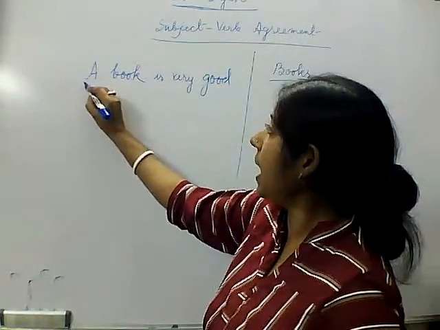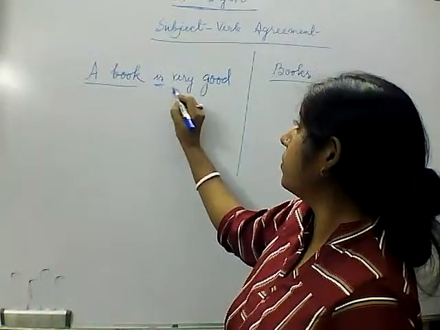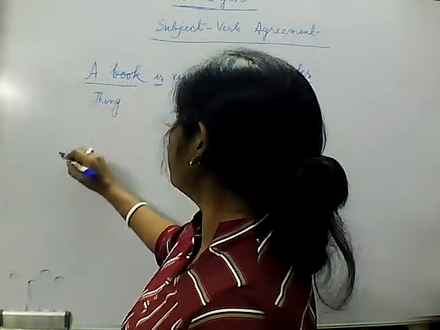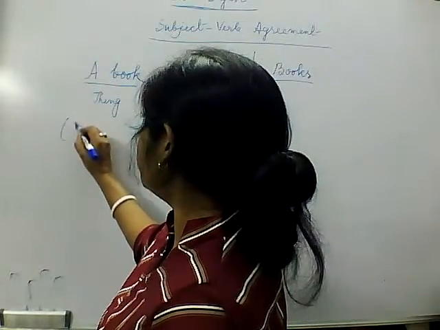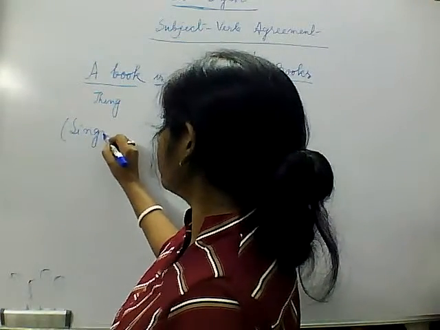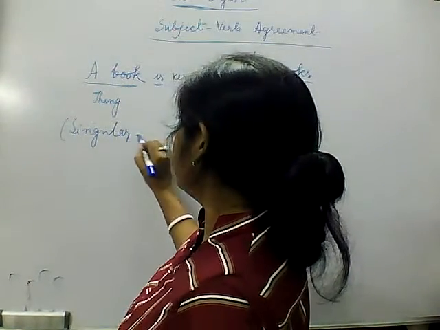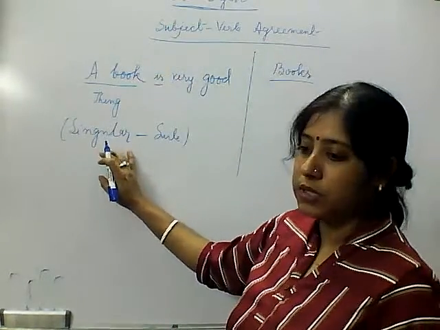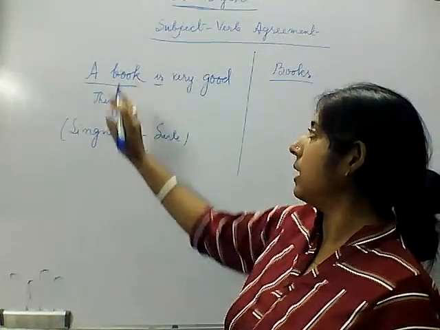I have written, a book is very good. So here book is a thing, and of course it takes a singular verb. The subject is singular.